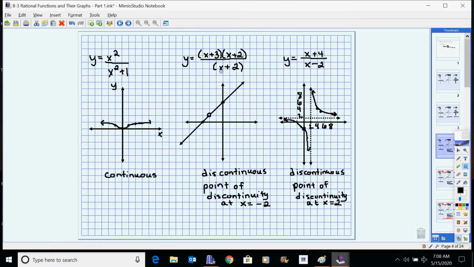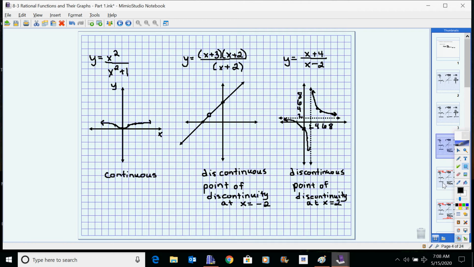X can't be -2 because that would give you a 0 in the denominator. Okay, we want to make all these pieces make sense. This point of discontinuity here happens to be the asymptote. Once again, it's because 2 makes this a 0 in the denominator.